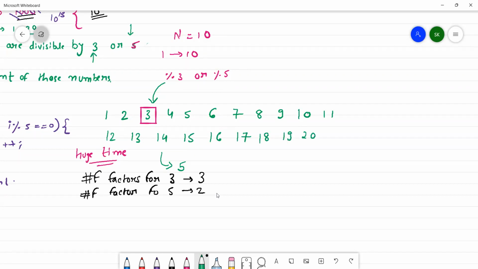Now all of you tell me the total number of multiples for 3 and the total number of multiples for 5. You all can write it down in the chat.